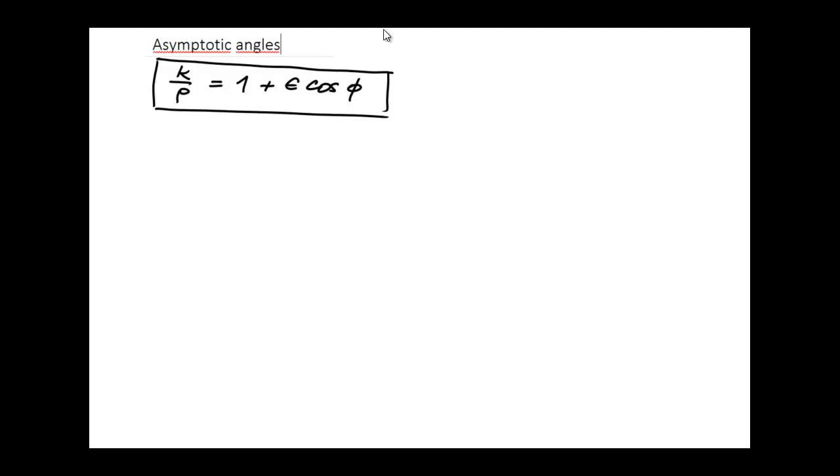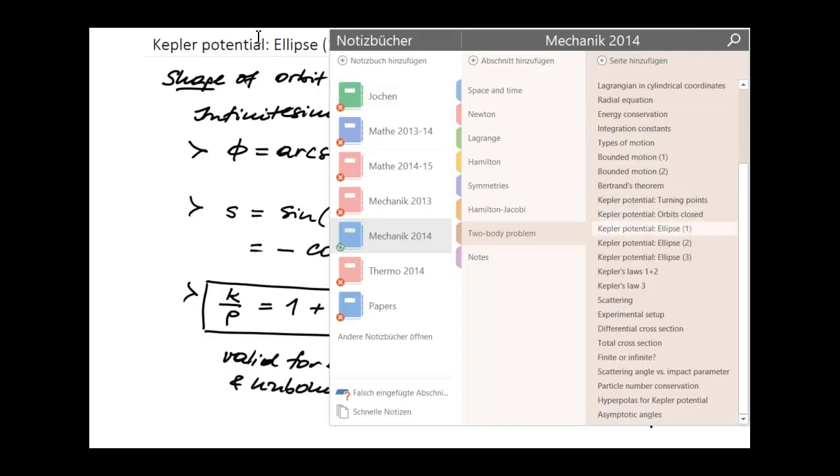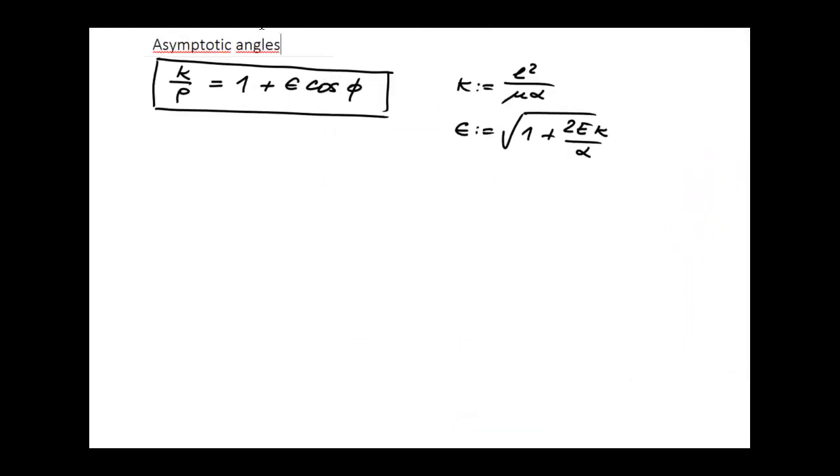Now in this equation feature two parameters, kappa and epsilon, that we had introduced. And I would also like to recall the definition of these two parameters. So kappa and epsilon are defined here.